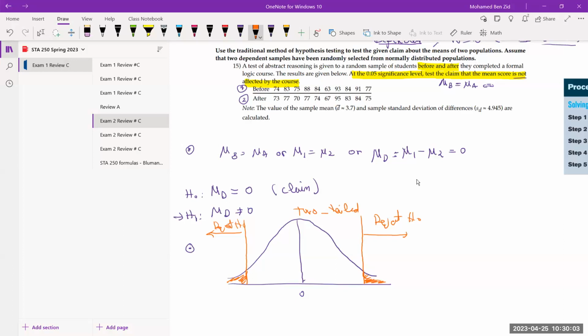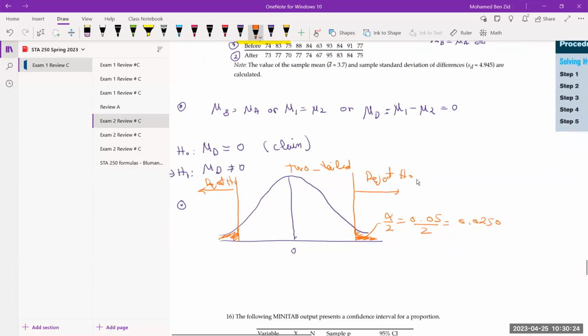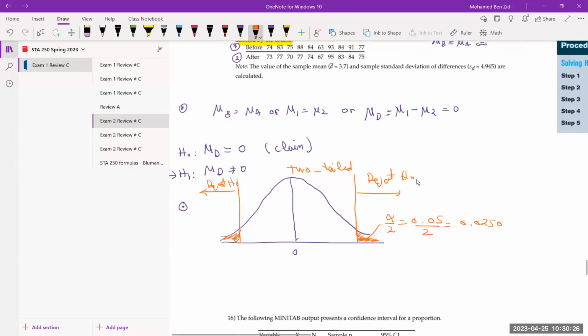Now, the alpha is given already, 0.05. So this is definitely half of the alpha, alpha over 2, which is 0.05 divided by 2, and this is 0.025. We are using the t-table, so it doesn't matter really whether it's alpha or 2 alpha, right?